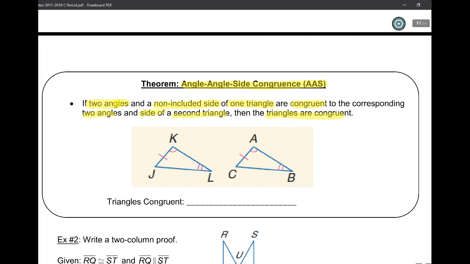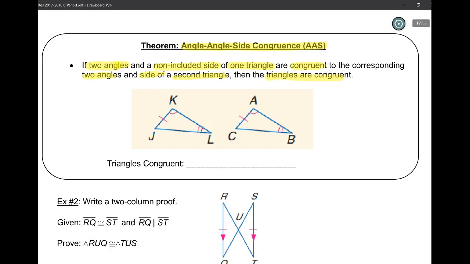So basically, if you know two angles and one side are congruent, you know the triangles are going to be congruent to each other. It all depends on where that side is. Is it included? If it's an included side, our reason is angle, side, angle. If it's not included, then it's angle, angle, side.